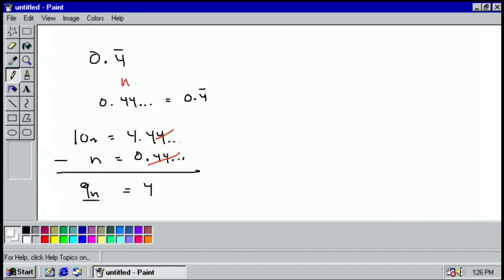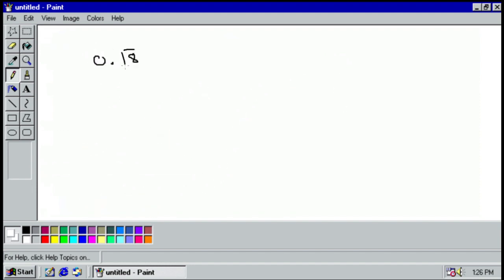Then we're going to divide both sides by 9, giving n as 4 over 9. Now let's plug that into a calculator. As you can see, it's 0.44444.